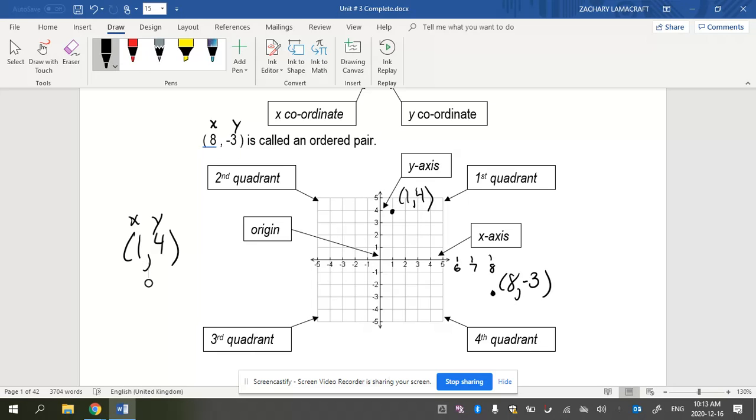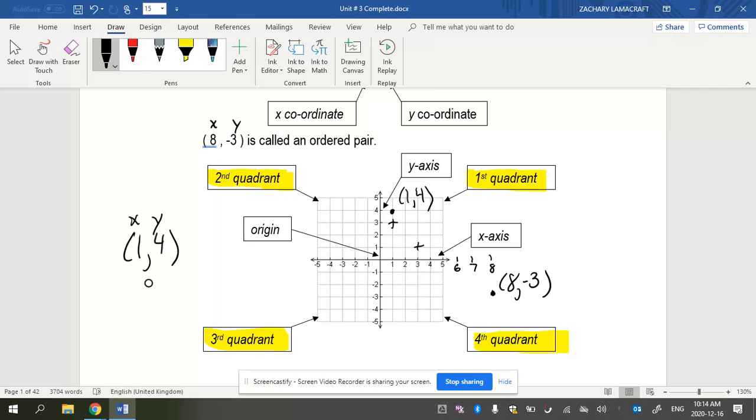Now, some things to remember that are also on this Cartesian plane are the first quadrant, the second quadrant, third quadrant, and fourth quadrant. So you will recognize that in the first quadrant, we have positive numbers and positive numbers. So we've got two positive numbers, okay? The x-axis is all positive, the y-axis is all positive.